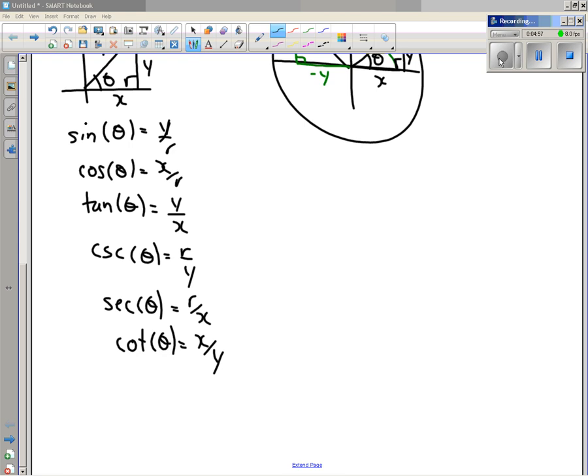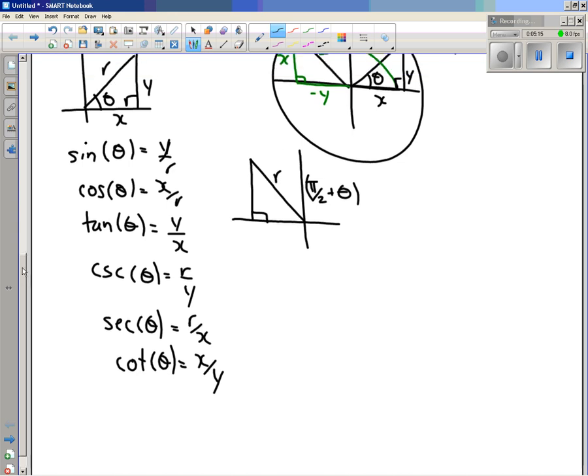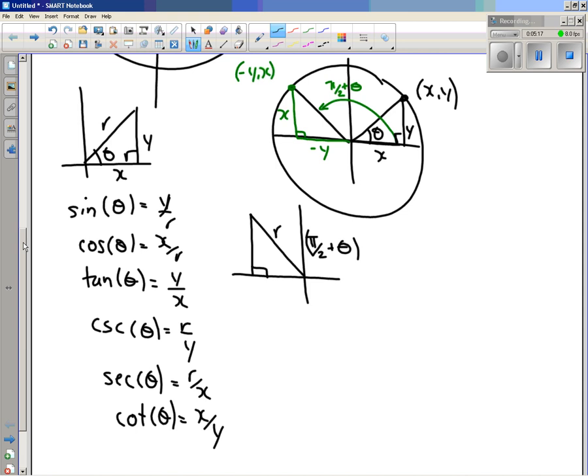Now our second triangle is where we're going to get the rotations for pi by 2 plus theta. So we can draw that triangle. We have an R, the value that is going up, so our Y value for this is X. Our X value is negative Y. And we can start getting our relations for this one.